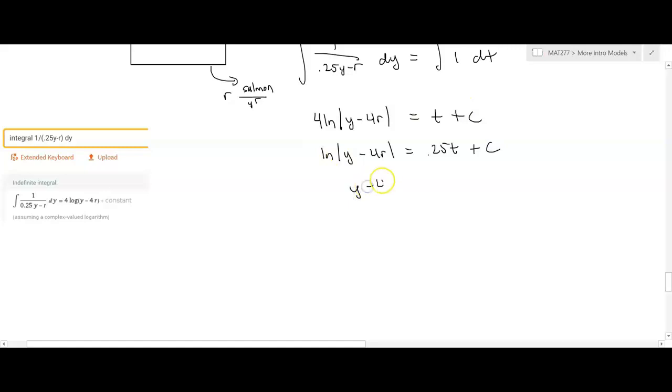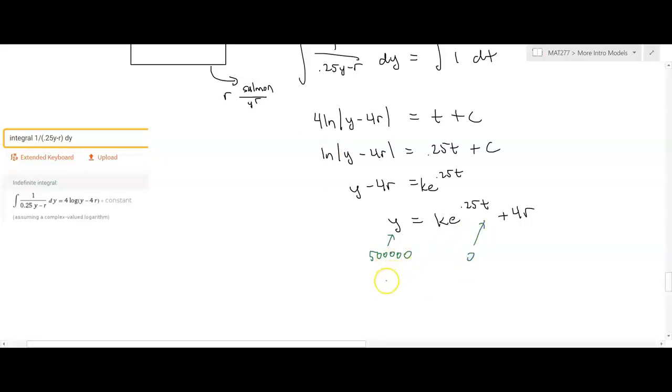Exponentiate: y minus 4R equals k e to the 0.25t. And add 4R, we get y equals k e to the 0.25t plus 4R. Now for our initial condition, we're going to put in 500,000 for the number of salmon at time 0.